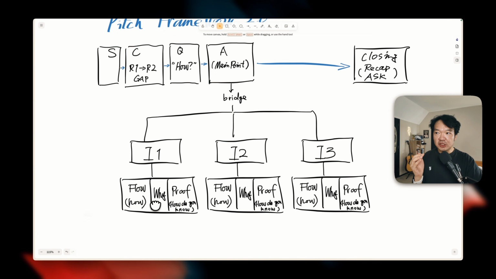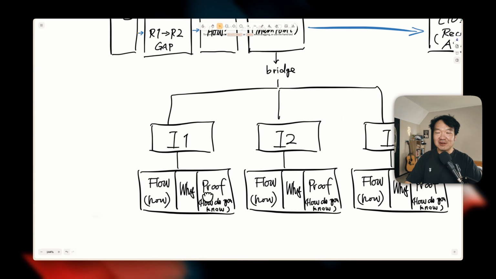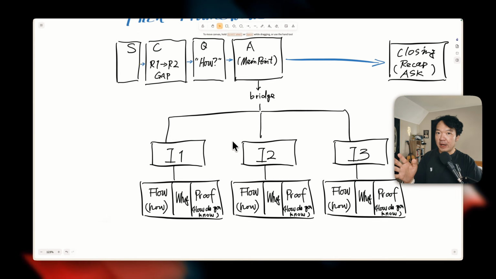And then for each idea, you can show the flow, how people can do it, and why. While you're doing it, you can explain why you want people to do that, and also the proof. How do you know? So it can follow the same structure, and consider time or the cognitive load for people: no more than 7, and ideally 3 or 4 features or key selling points is good enough to pitch.